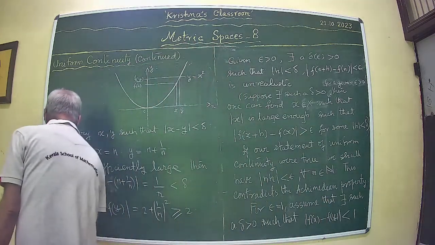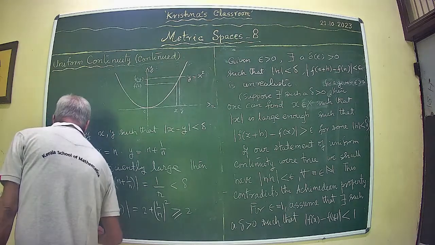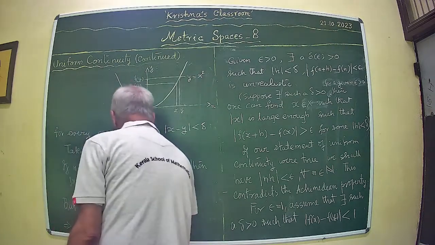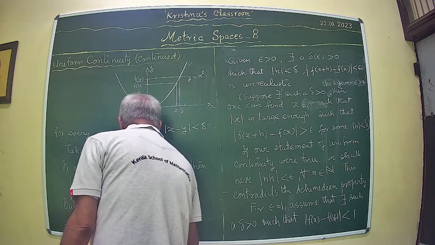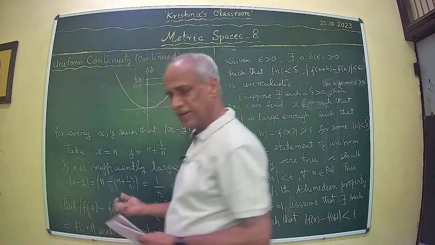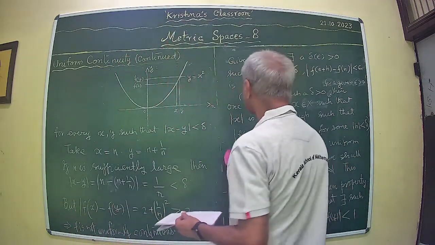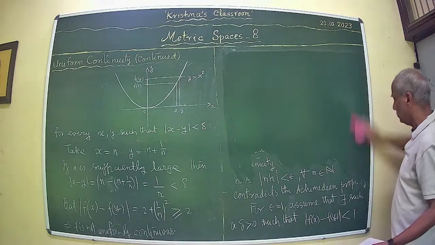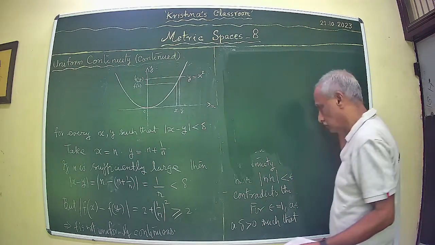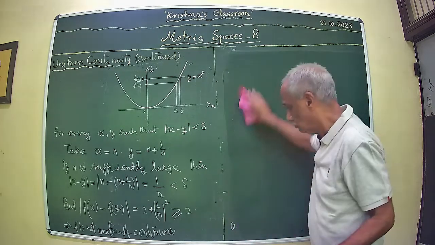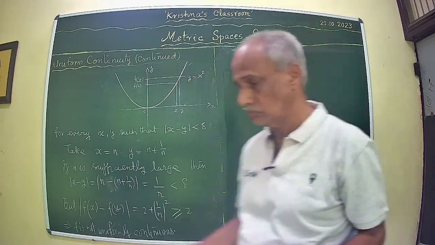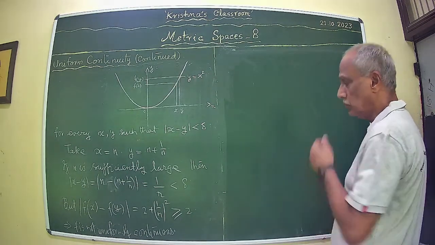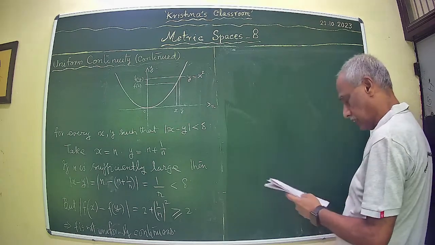Therefore, we cannot make it arbitrarily small, valid in all choices of x and y, by choosing n sufficiently large.